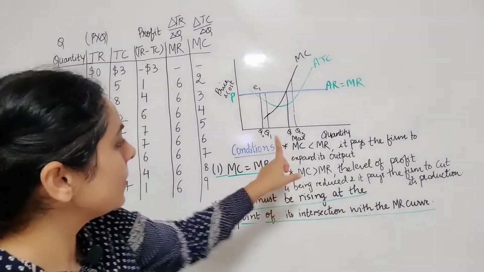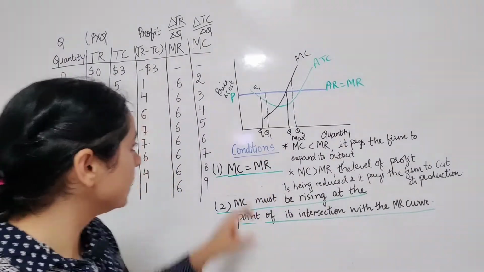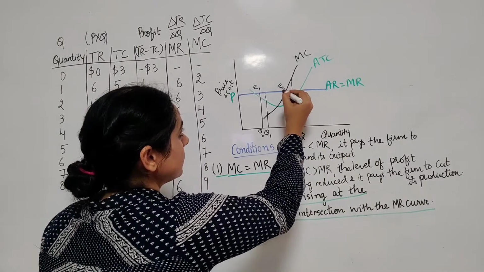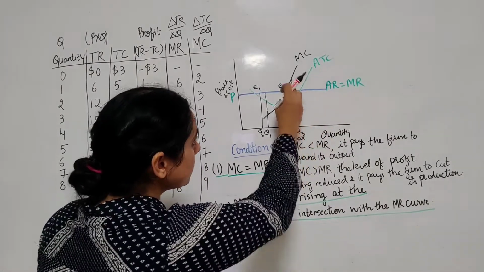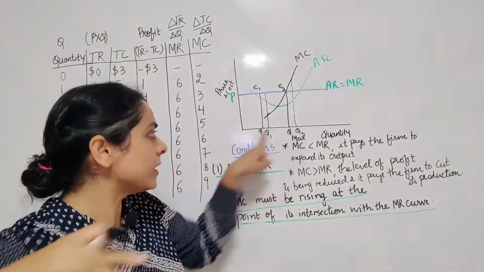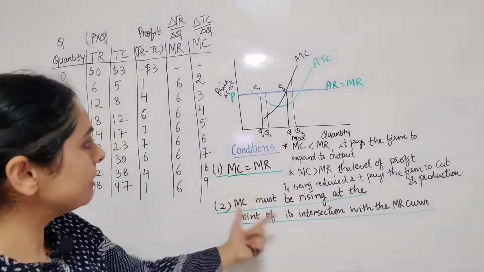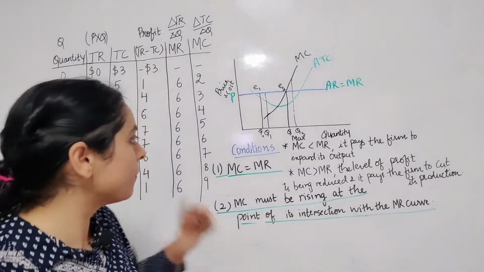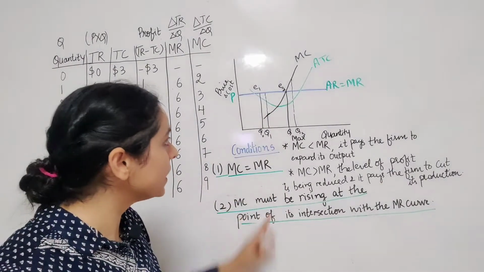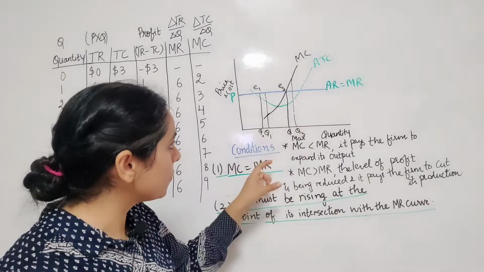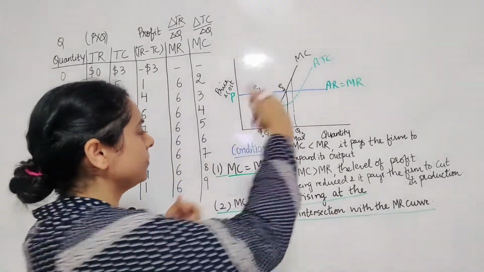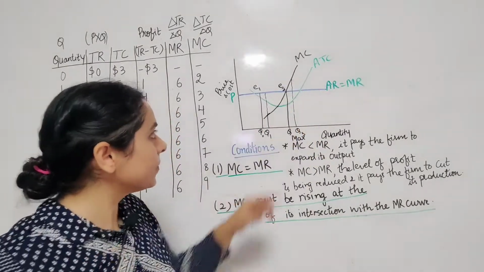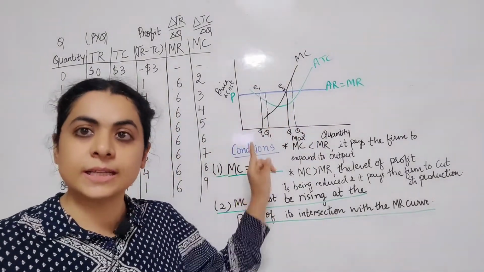So obviously, it pays the firm to expand its output. Then, if the firm tries to increase its output beyond the maximum quantity that we have shown here, the addition to cost will be more than the addition to revenue. So obviously it will not be profitable for the firm to further increase its output after reaching this point Q maximum, and the equilibrium of the firm will be established at point E2.